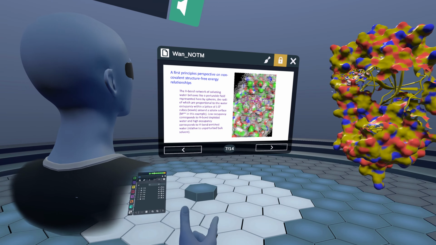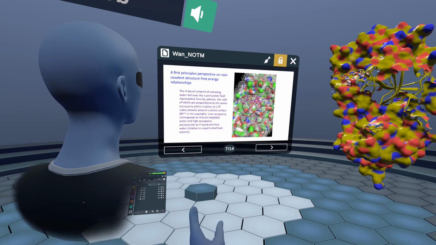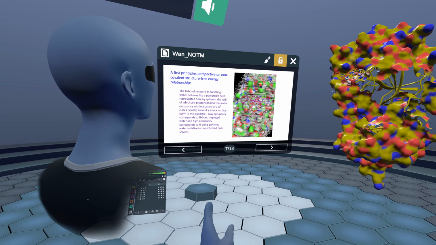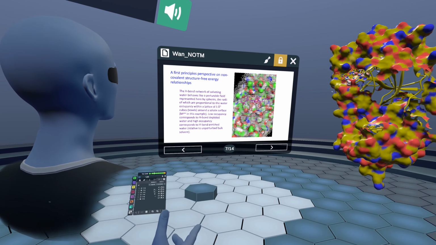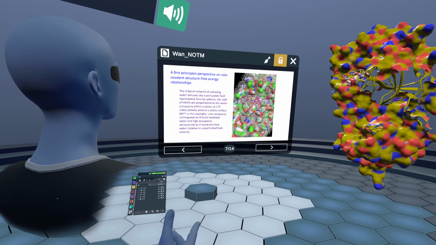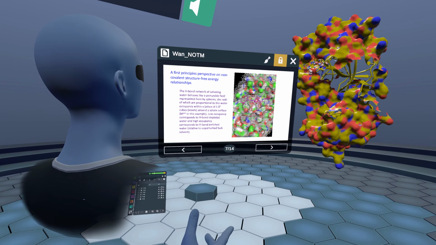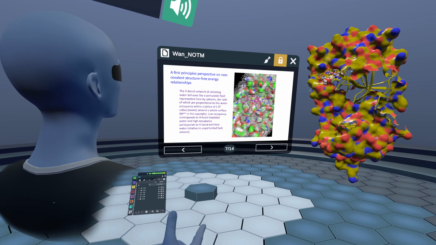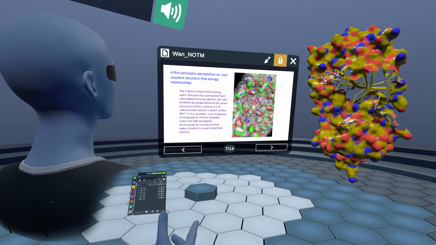And we're using the water occupancy at each of these grid points, or these lattice points, as a surrogate for the hydrogen bond quality at each of these points. So where the hydrogen bond quality is high relative to bulk solvent, you'll see a larger sphere at that point.